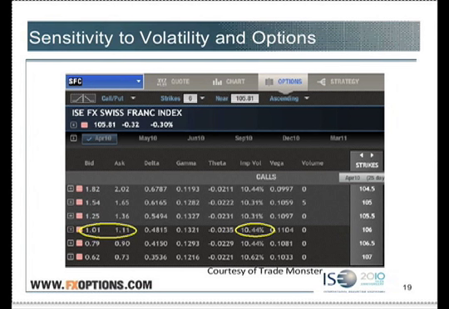Their implied volatility is 1044. That's stated in a percent, but typically traders don't say 10.44%, they just say 10.44. The reason it's stated in a percent is that it's the annualized standard deviation in percentage of the price of the Swiss franc.